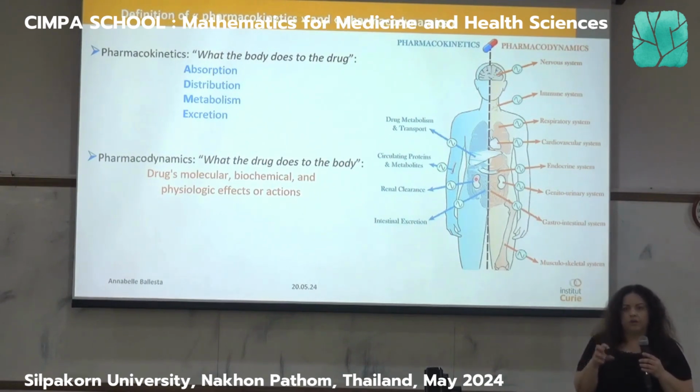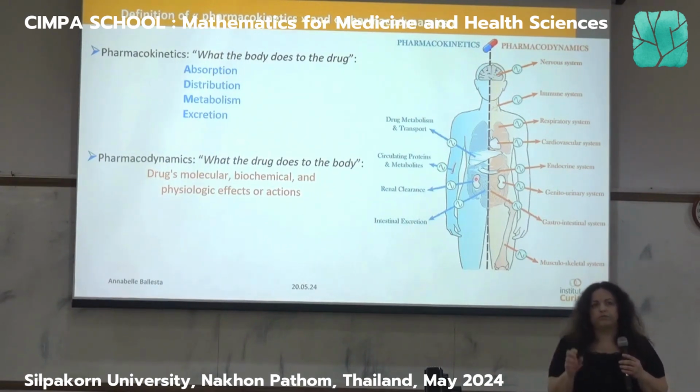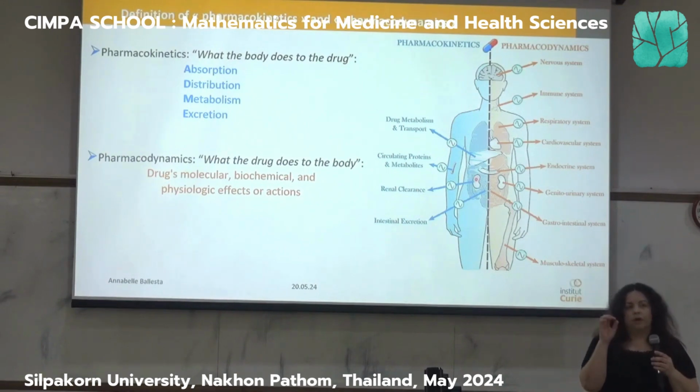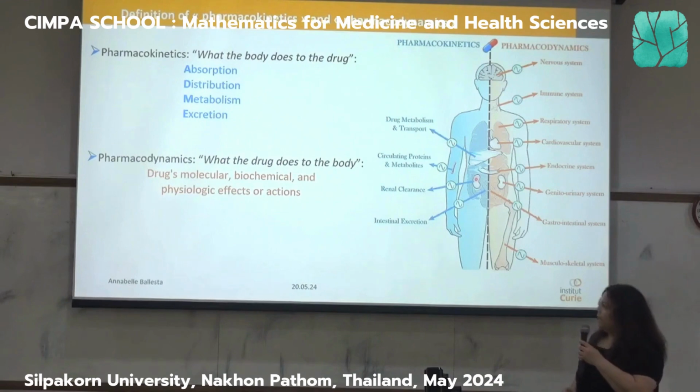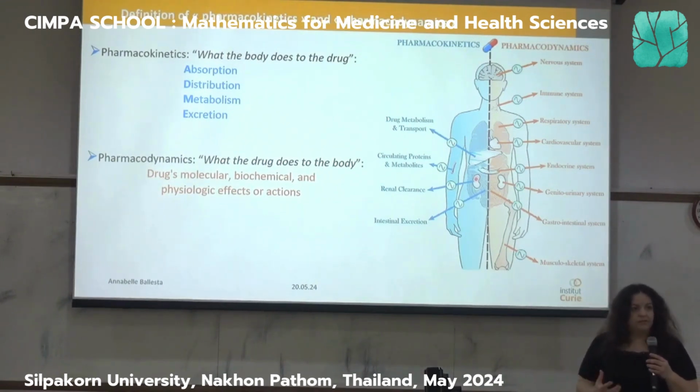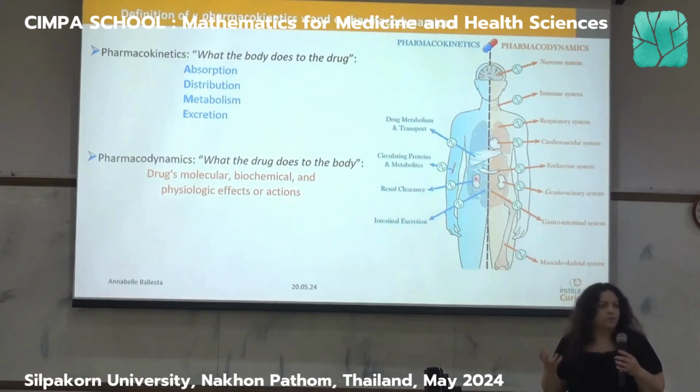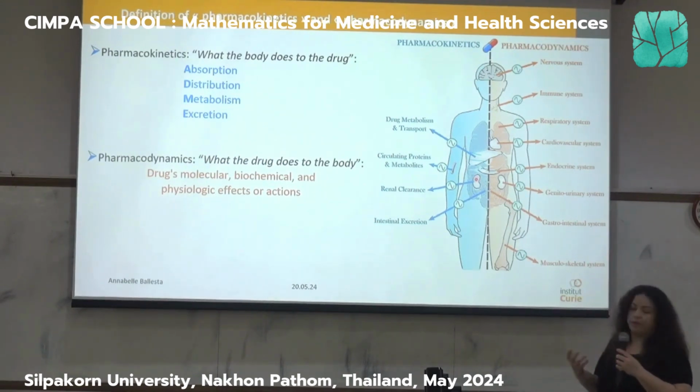The drug will go, or hopefully go, to cancer cells, and the idea is to look at how the drug will induce cell death in the cancer cells. So this part of the study is called pharmacodynamics. So we want to see if the drug goes to the particular target. When I say target, I mean a particular protein that is targeted by the drug. And basically this will have physiological effects, and this is what we want to study. It could be in terms of response, sometimes we call it response, effect, action, activity.